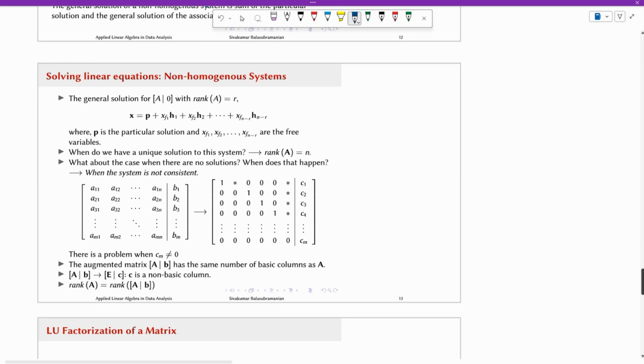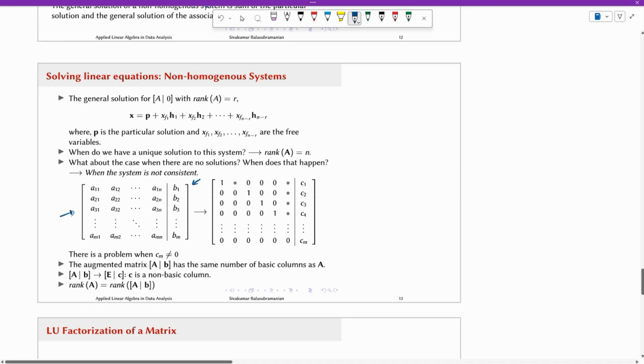That is the example where you have a solution, and we've figured out how to find all the possible solutions if there is a solution. But there are situations where you might not have a solution, right? That would happen when you have this. So let's say we started with an augmented matrix like this.